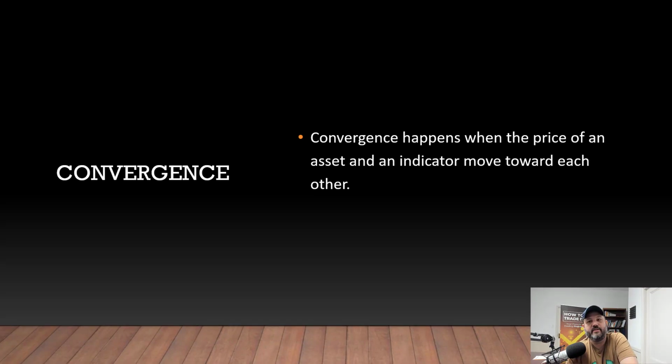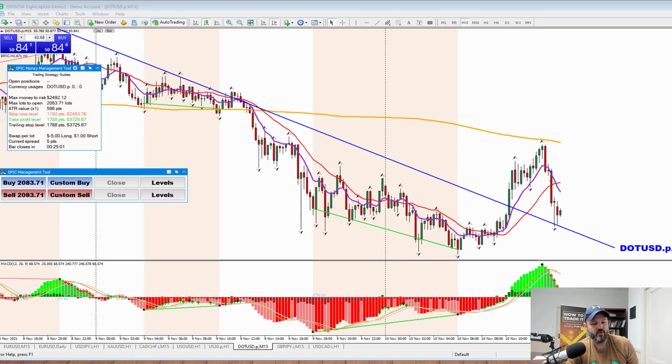All right, now moving on. Convergence happens when the price of the asset, whatever it is we're trading, and the indicator move in the same direction toward each other. So let's take a look at that same slide and give an example. Here's the MACD below.